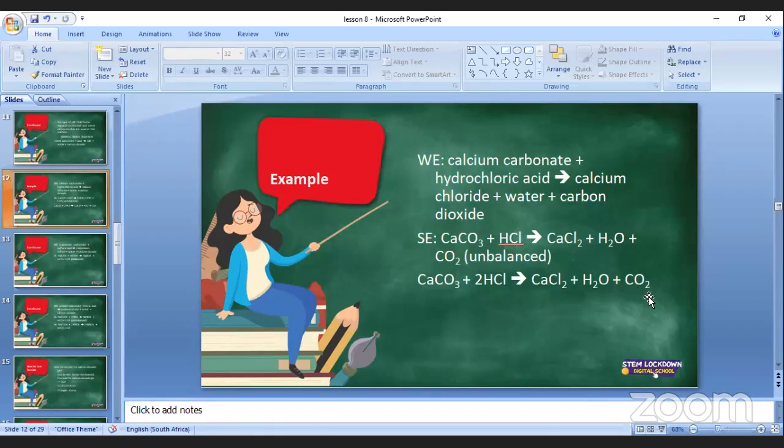Then we need to balance it. Is it balancing? No, it is not balancing. This side we have 1 chlorine atom, this time we have 2. Then we put a coefficient 2 there, and then everything automatically balances. You can count 1 by 1, as I've been saying. On the left, you've got 1 calcium. On the right, you've got 1 calcium. You've got CO3, and then you've got how many CO3s here?